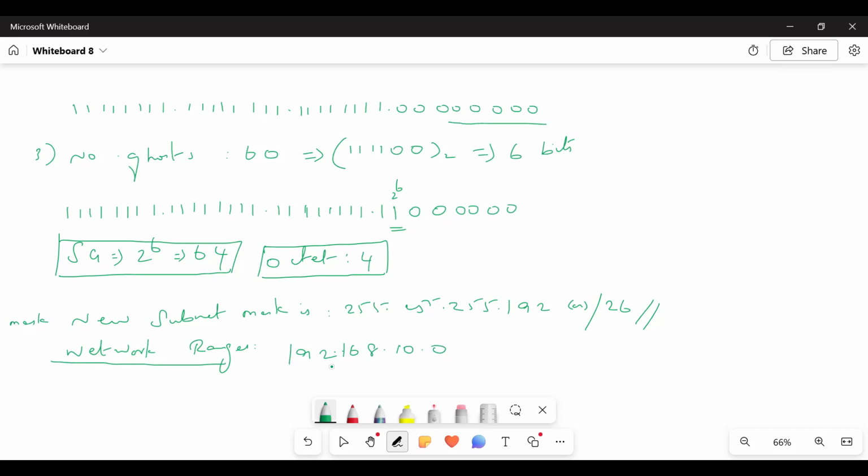Then, with the subnet generator, we need to divide the network into blocks of 64, so the next one is 192.168.10.64. This is the first subnet, then the second subnet. For the first subnet range, this is the first address, and the last address I can write is 192.168.10.63. So this is going to be the range.